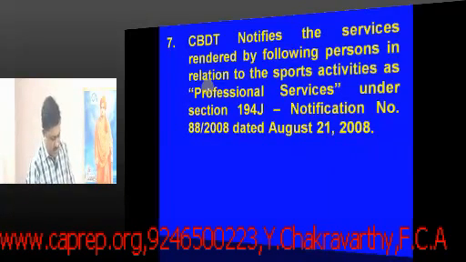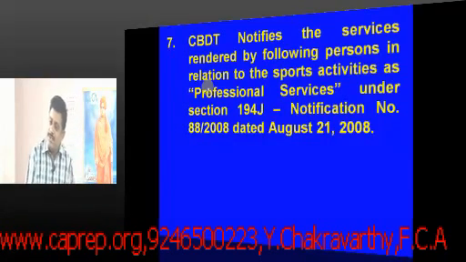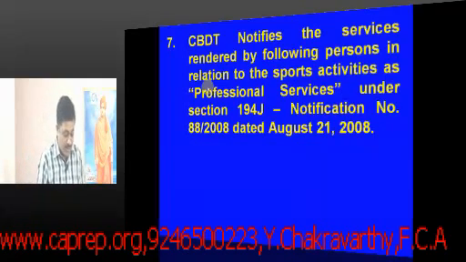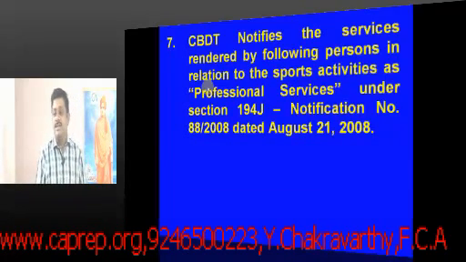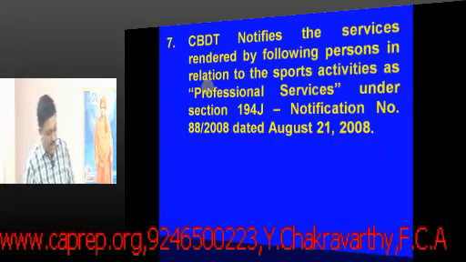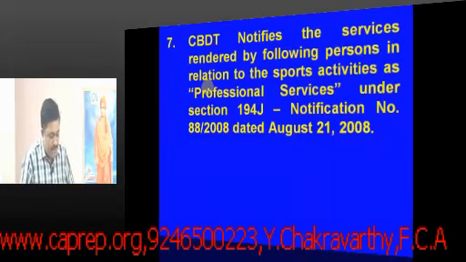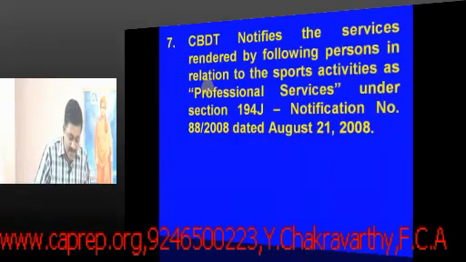Now friends, another important thing is, law is always kind enough towards chartered accountants, lawyers, advocates and solicitors. There are practical difficulties when firms of chartered accountants and lawyers are receiving fees from foreign clients outside India.